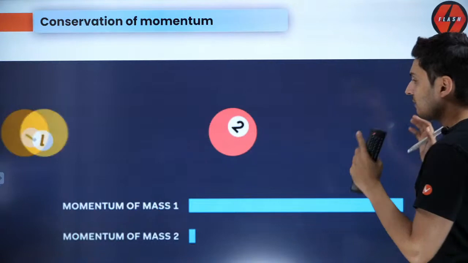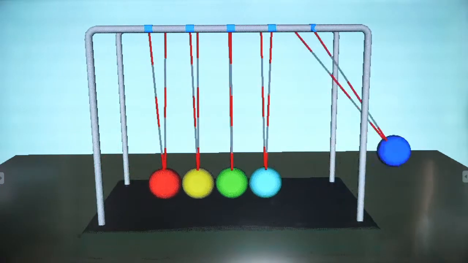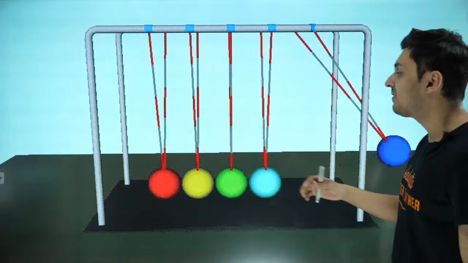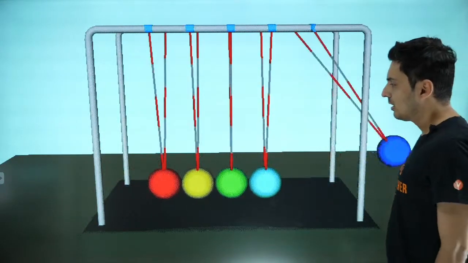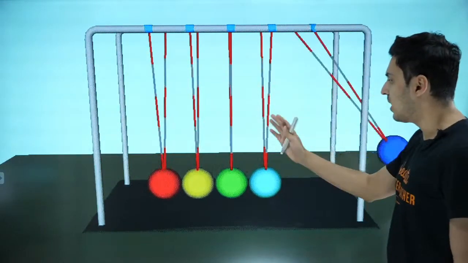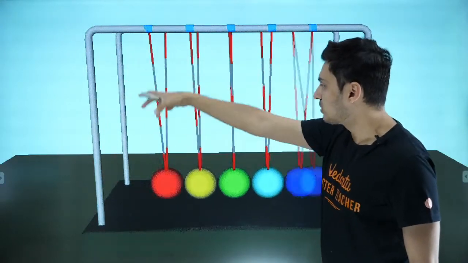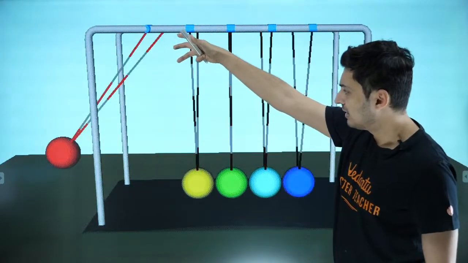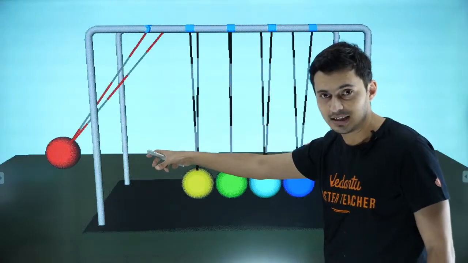Now, if this is clear, let's go to the next simulation. This is a very famous setup called Newton's cradle. You have many swings, and when you raise one ball and leave it, as soon as it comes down, the potential energy gets converted into kinetic energy.